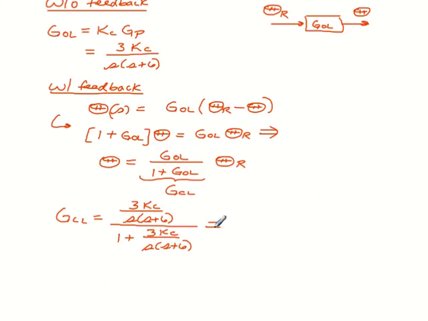So I multiply the top and bottom by s times (s plus 6), and I end up with 3Kc on the top. On the bottom I get s squared plus 6s plus 3Kc. I'll write that as a numerator NCL, which is really a constant, divided by the denominator DCL.